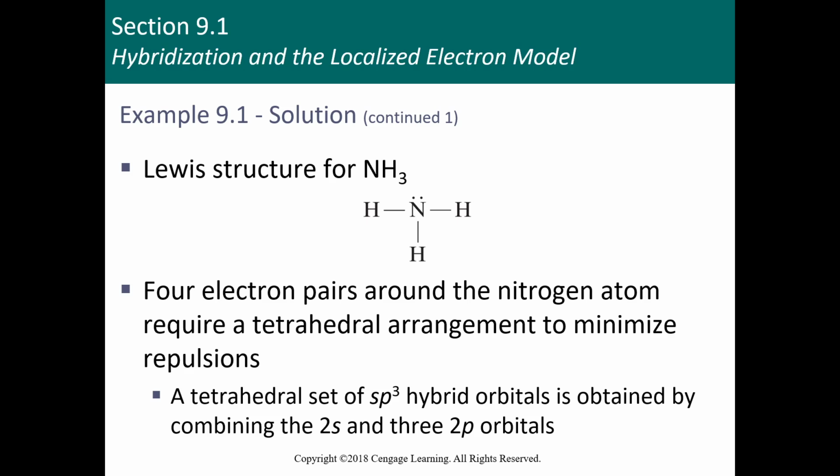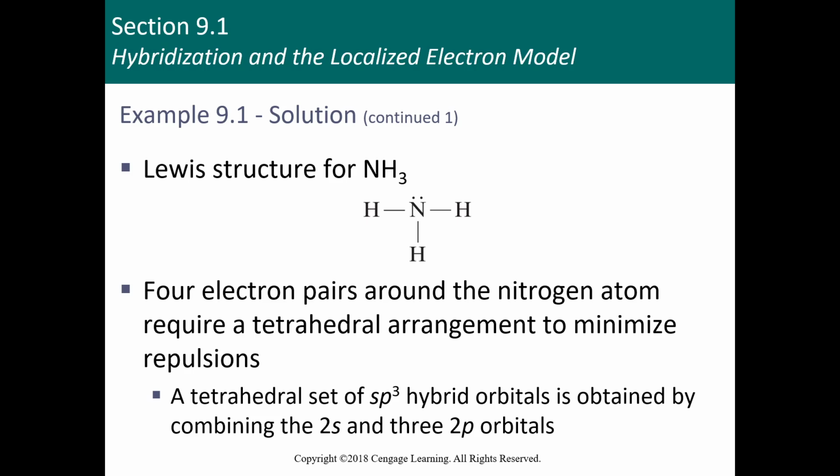And so when you try to figure out hybridization, there's a very, very easy way to do it. Just count up your electron groups, 1, 2, 3, 4, and then you go, okay, I have 4. How do I get 4 different orbitals in a hybridization? Well, that would be an s, 1 s, right? There's only one s you can put in, so you can just do one of those. And then I would need 3 p orbitals.